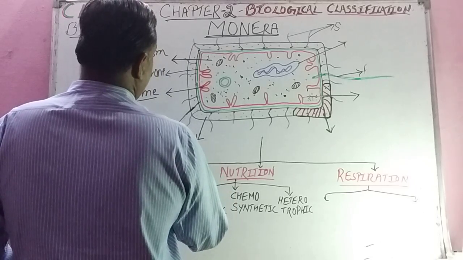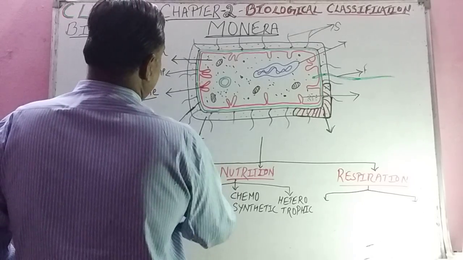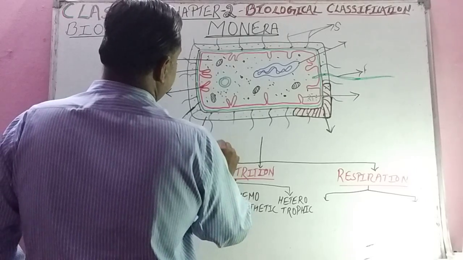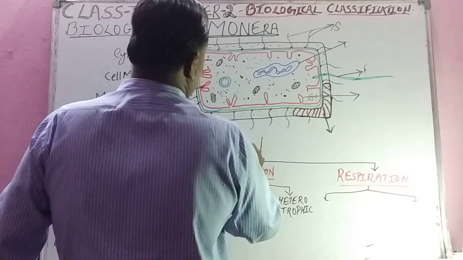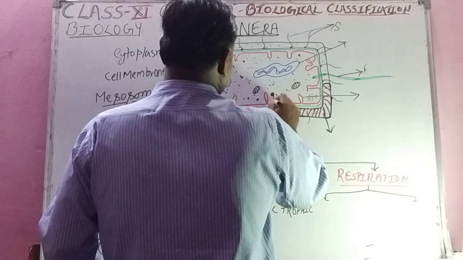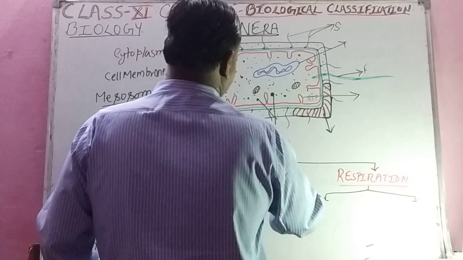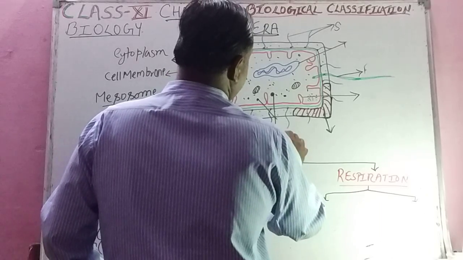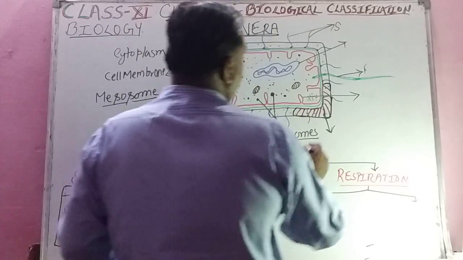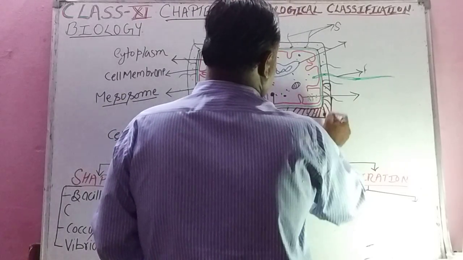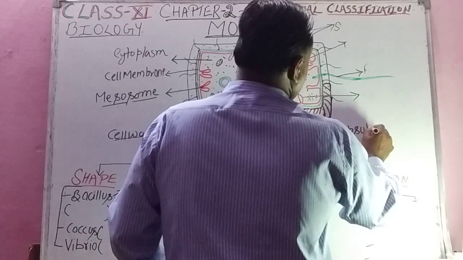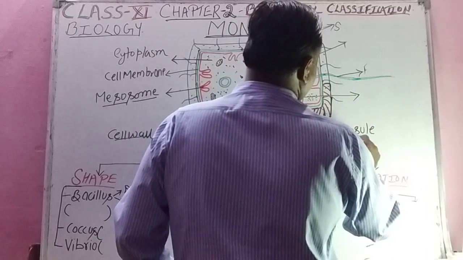your slime layer or film layer. These are the ribosomes. And students, very important, this shaded area in some bacteria which are capsulated forms the capsule wall.